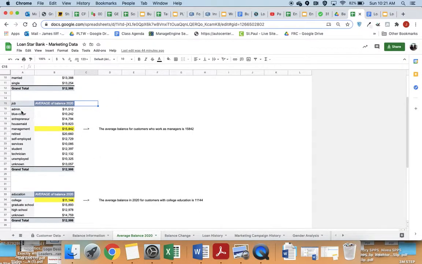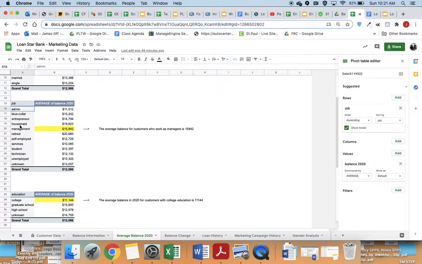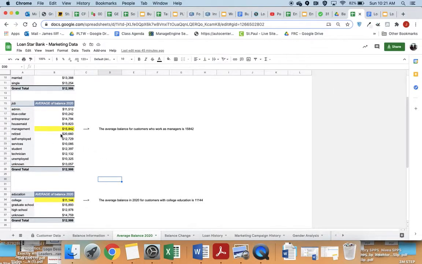What about types of jobs? We look over all of our customers, and these are all the different types of jobs that they have: retired, management, student, technician, unemployed, unknown. Well, let's look at management. The average balance for customers who work as managers is 15,842.